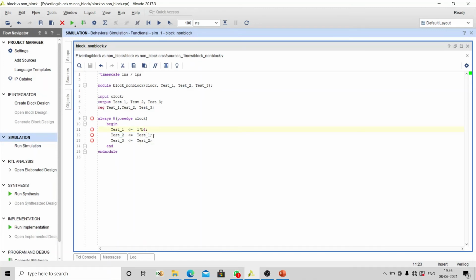That means at first test1 is in some undefined state, it will be some z or x, unknown, and test2 will be unknown. So after executing one clock cycle, 1 is going to be assigned to test1, and test2 and test3 will be in unknown condition.